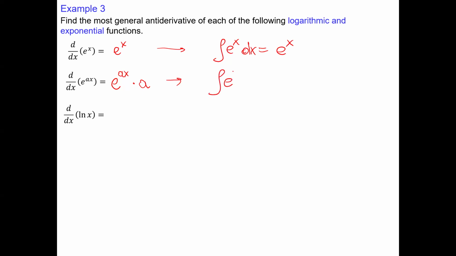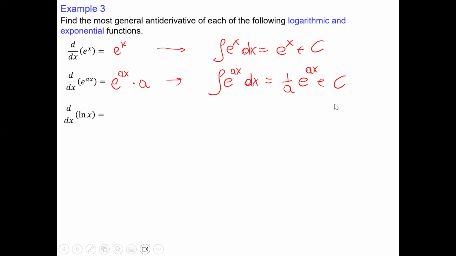Now, the antiderivative for e to the ax. Yes, that's what we can see. Like we did with this negative, we have to divide. That means 1 over a e to the ax plus the constant, of course.